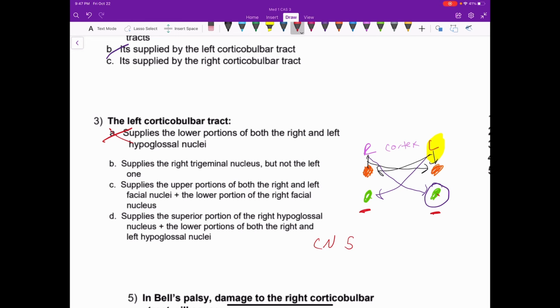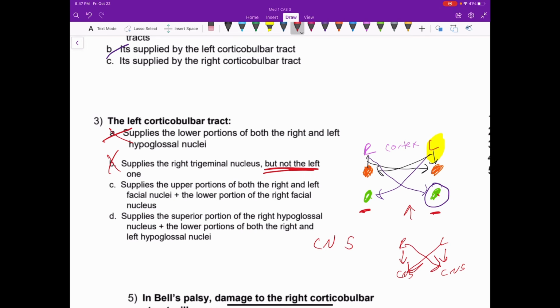Does it have right and left ipsilateral or contralateral supply? CN5 was different than this one up here. CN5 had both. So it supplies the right trigeminal nucleus, but does it not supply the left? No, it supplies both of them, so that's wrong.